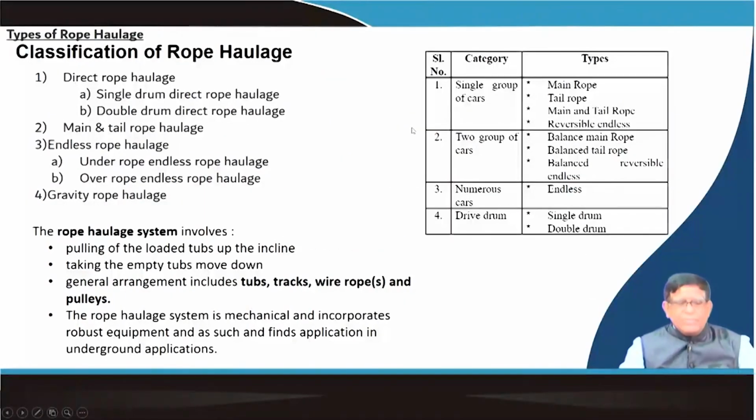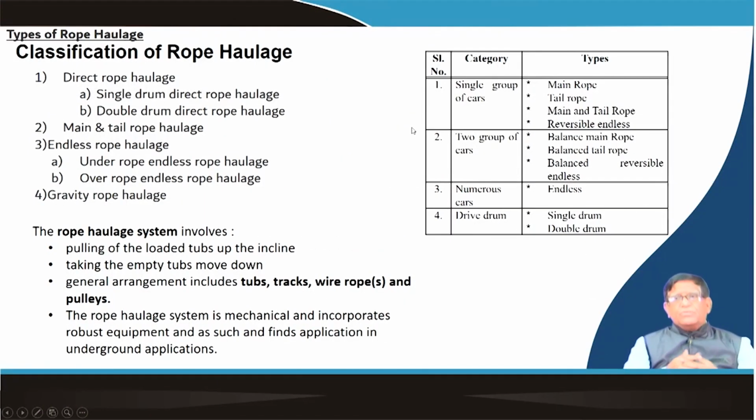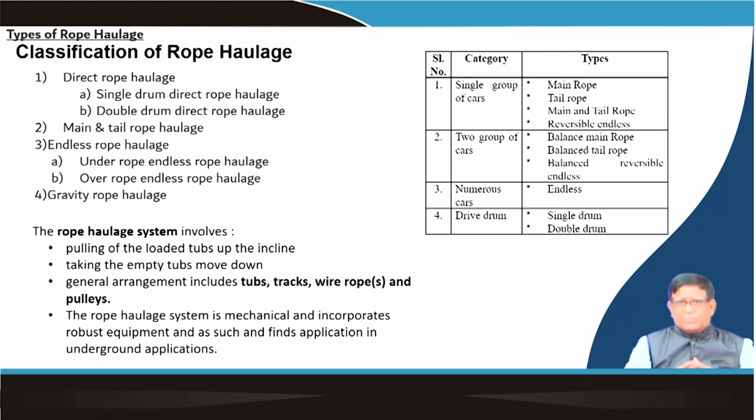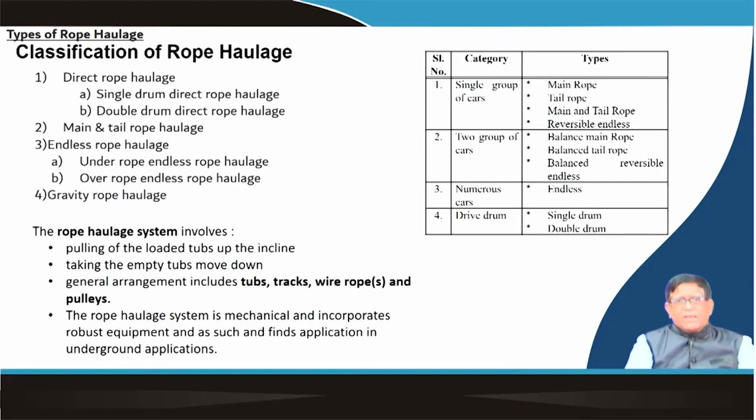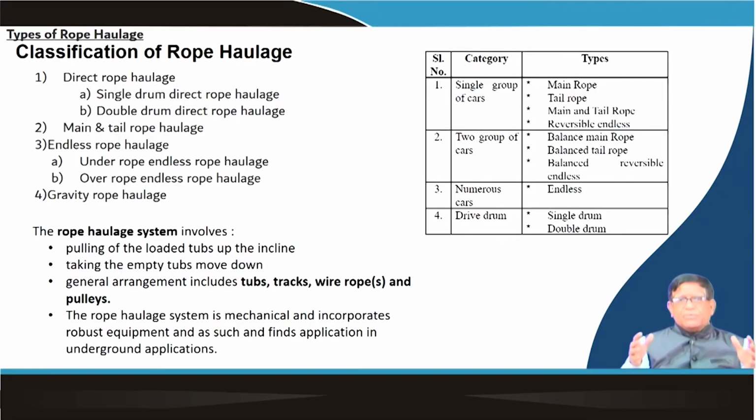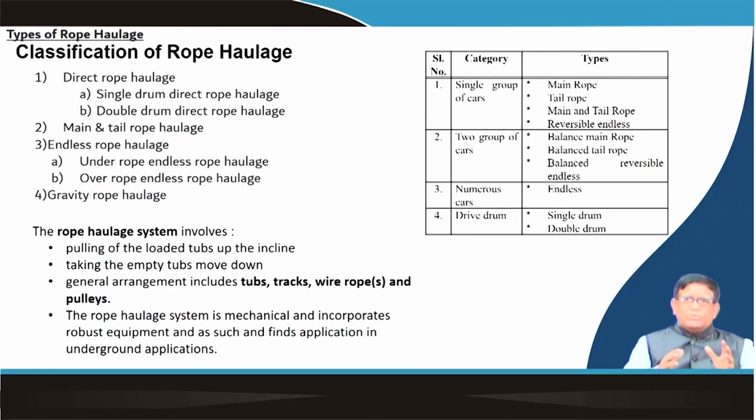an under rope. And then another is gravity rope haulage, where you are required to take the material down. In that case, the system will be pulled by gravity. Suppose you have a number of empty cars whose total load is equal to the weight of the loaded truck or a little more.